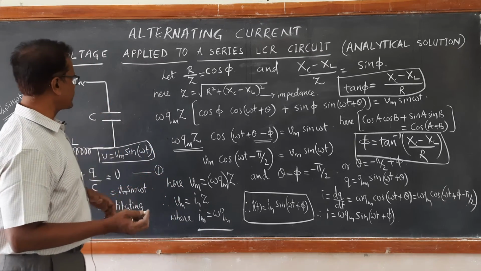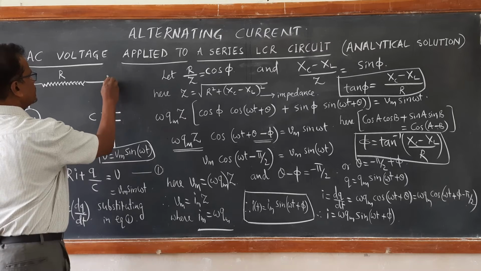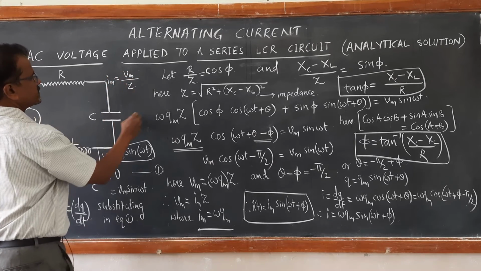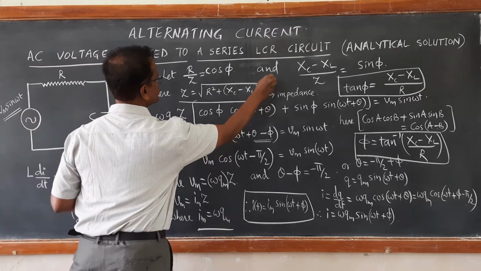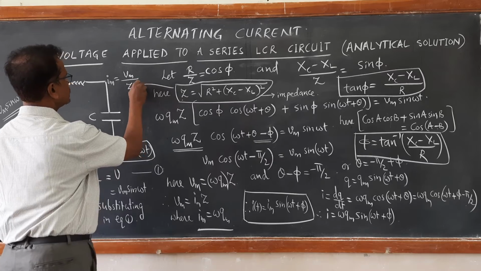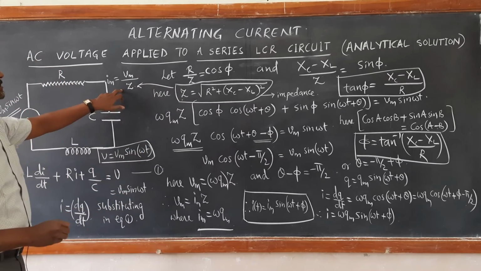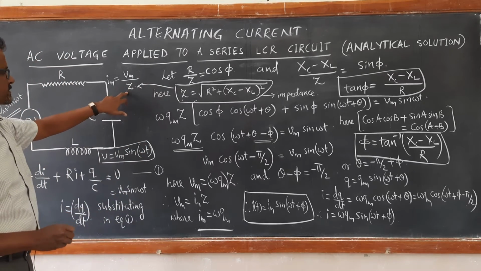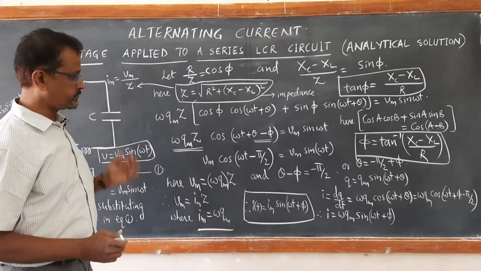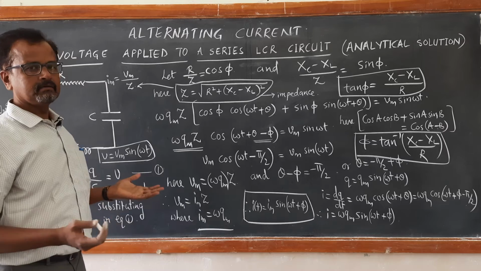That is another way of writing the peak value of current. Peak value of voltage divided by impedance gives us Z, that is impedance, right? Now we can draw the graph and final phasor diagram.